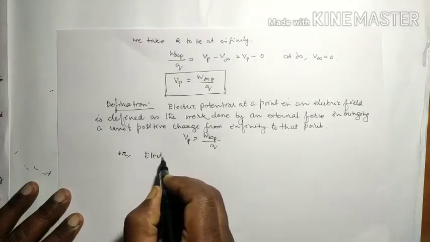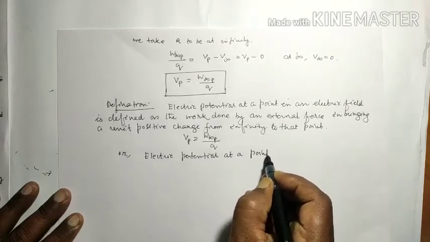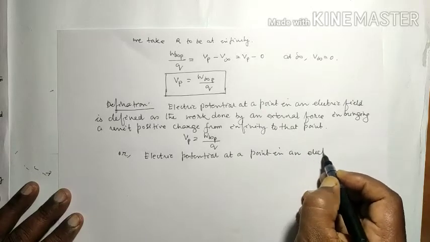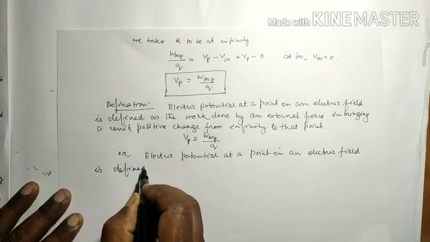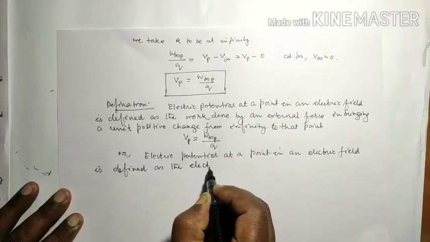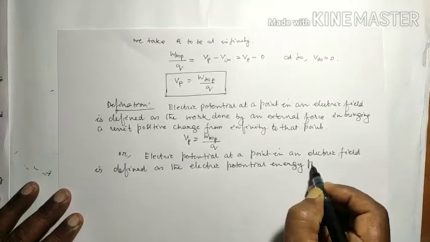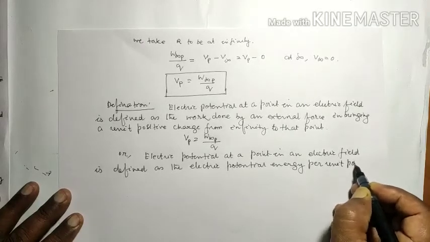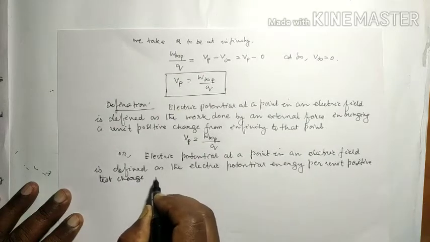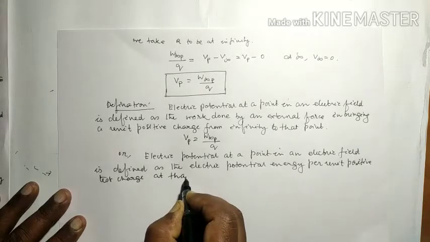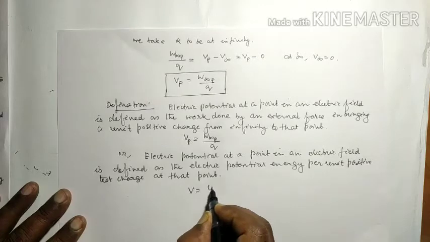Or electric potential at a point in an electric field is defined as the electric potential energy per unit positive test charge at that point. So this is V equal to U by Q.